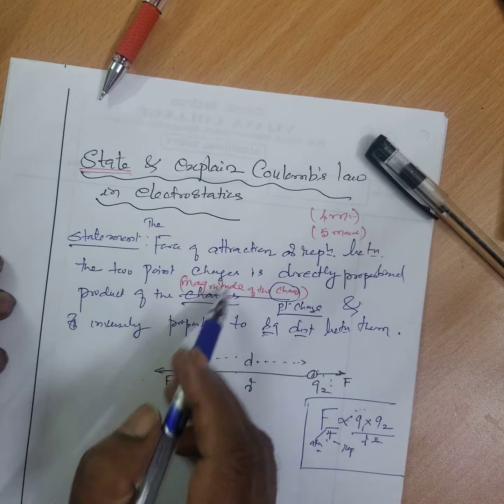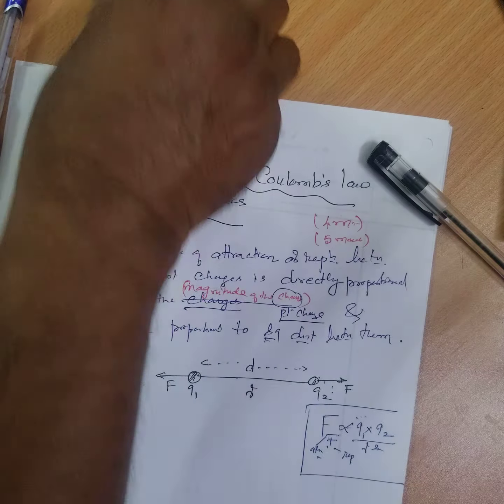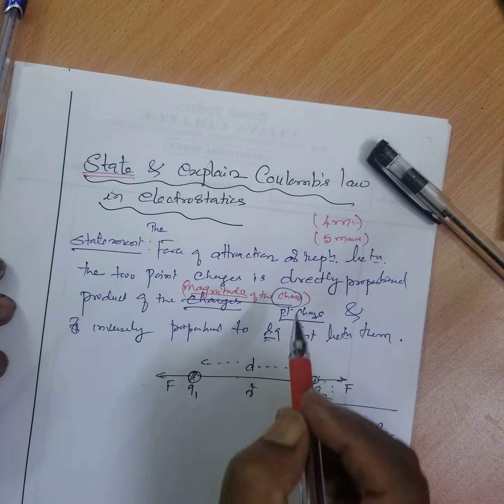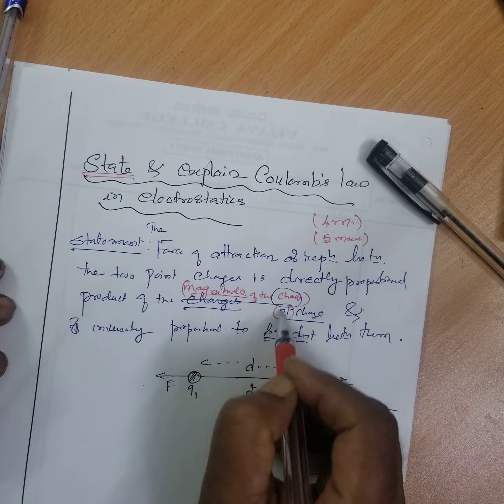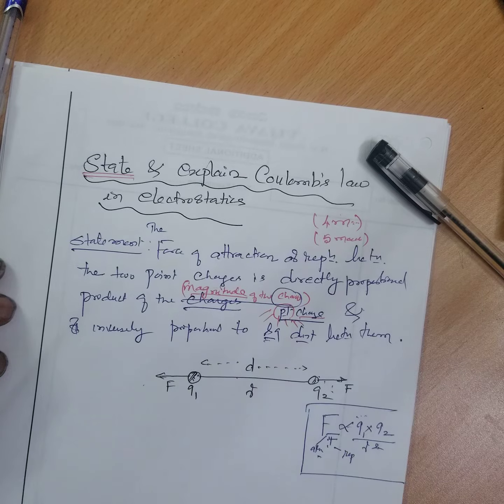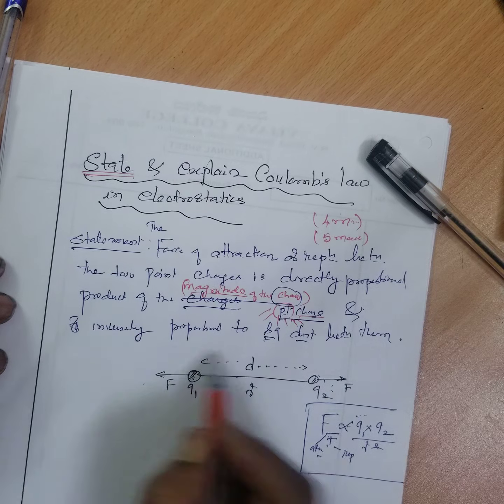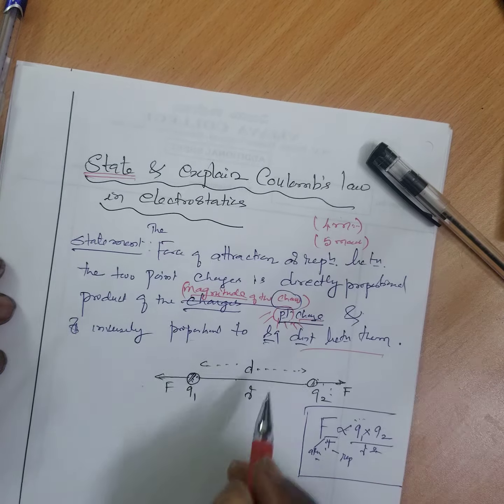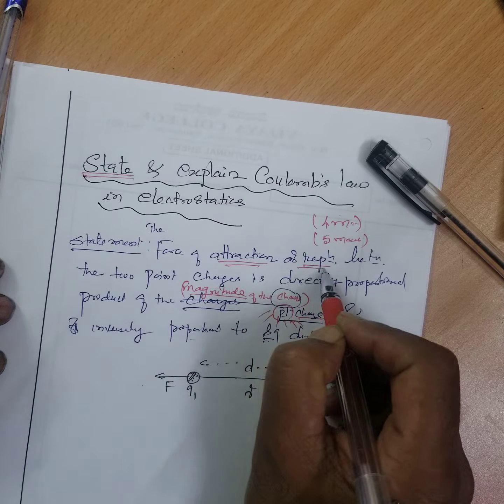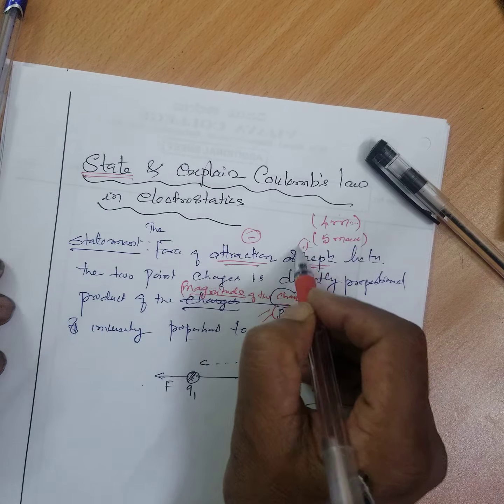See why I am writing like this again and again. Students usually don't write magnitude, and they don't write point charge. And inversely proportional to the square of the distance between them. No problem. Force of attraction or repulsion: attraction is negative, repulsion is positive.